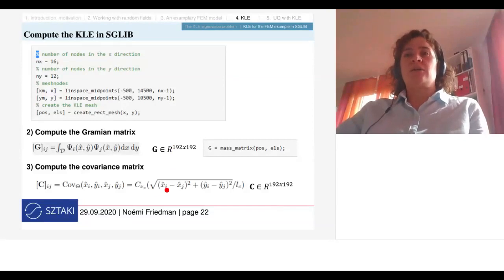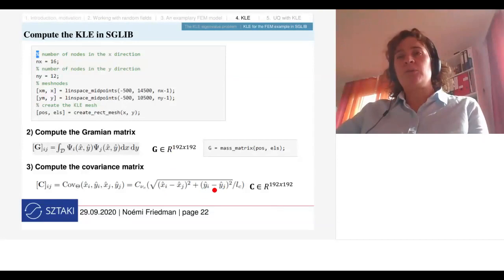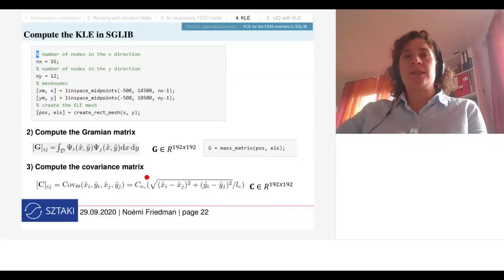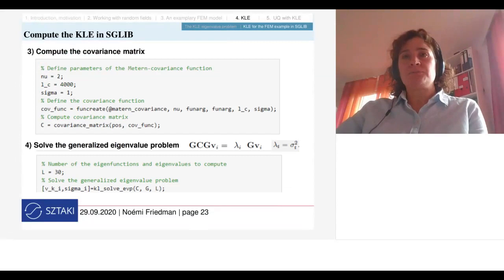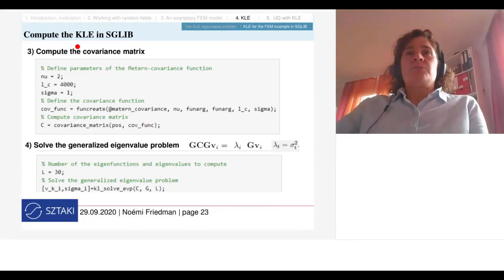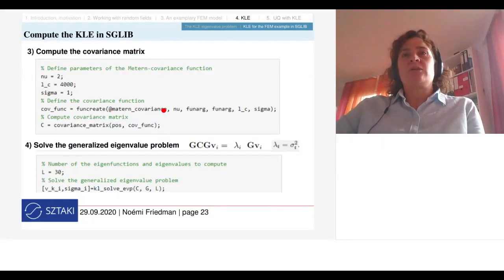I always take the I point and the J point, compute the distance between them, divide by the given correlation length, and plug that into my Matern covariance function, and that gives me a value for this specific place of the covariance matrix. This is the SGLib way, because you have access to the Matern covariance function, since there's a function for that in SGLib, and then you compute the covariance matrix from that.